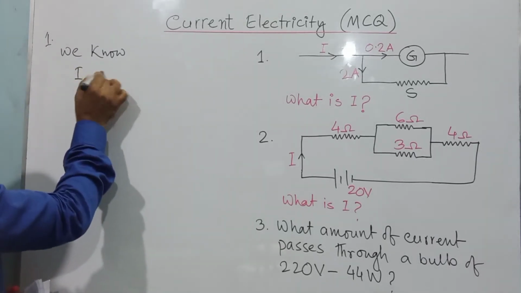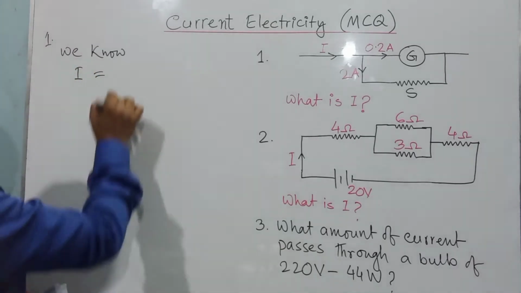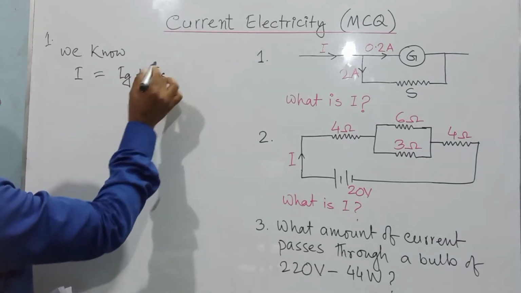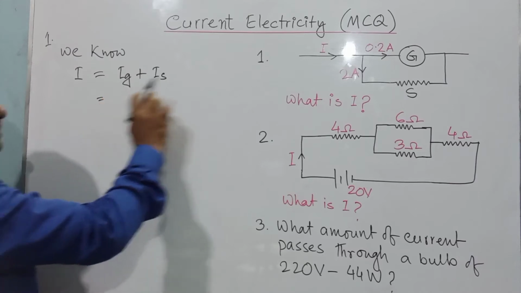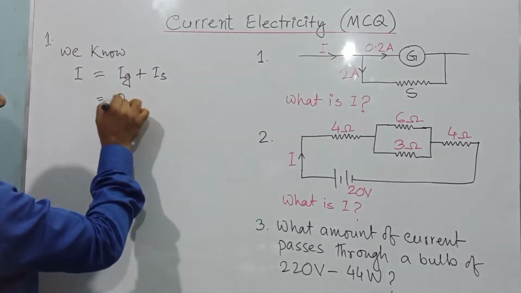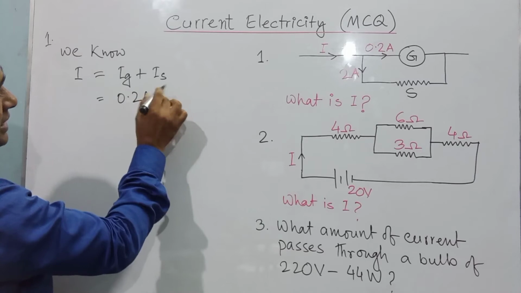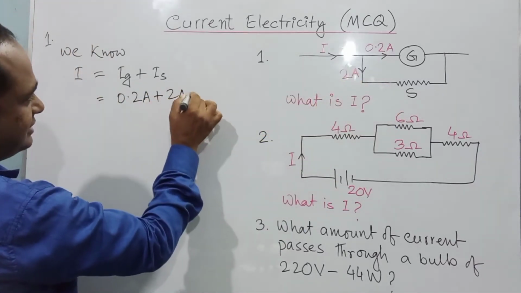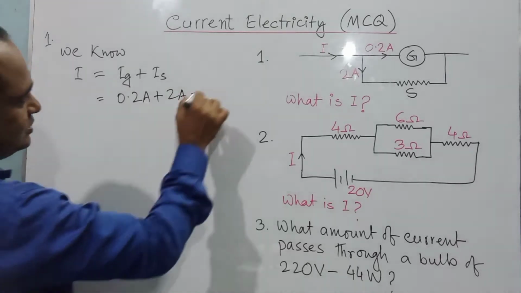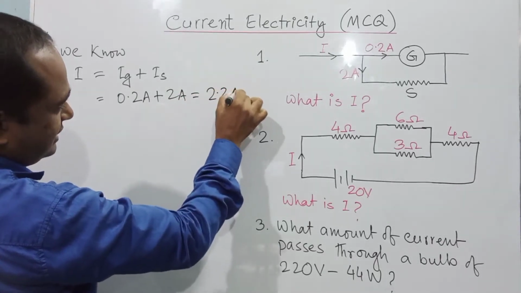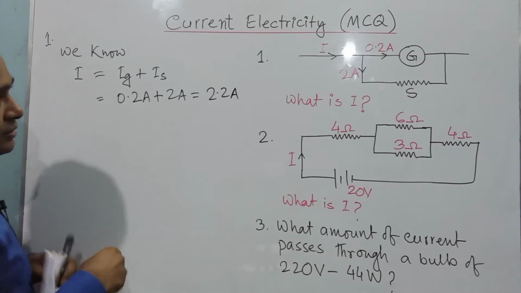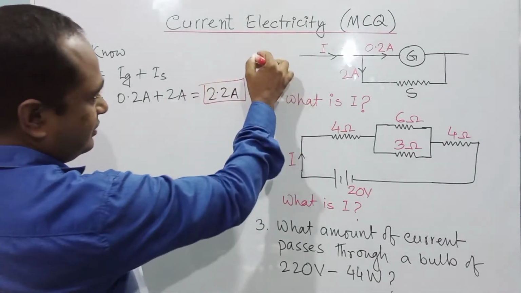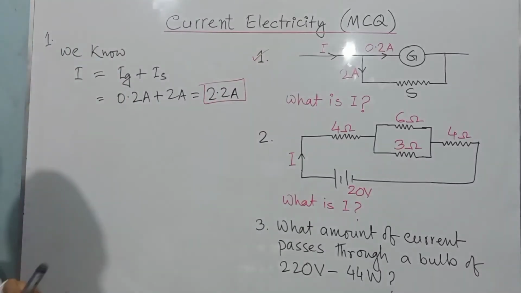I is equal to Ig plus Is. Here Ig means current through the galvanometer, 0.2 ampere, plus Is means current through the shunt, which is 2 ampere, and our final result will be 2.2 ampere. I hope you got it. This is the answer for our first question.